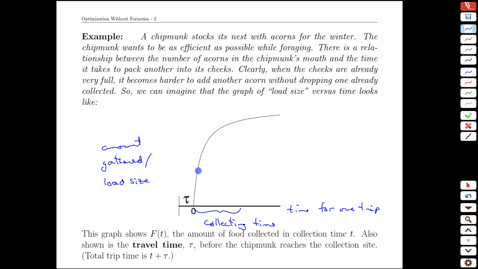They're able to put more food in their cheeks, and they're still able to put more, but it becomes less and less efficient. If we imagine some fixed time t is when they stop this collection, then tau plus t is the total travel time, and that's captured down here.